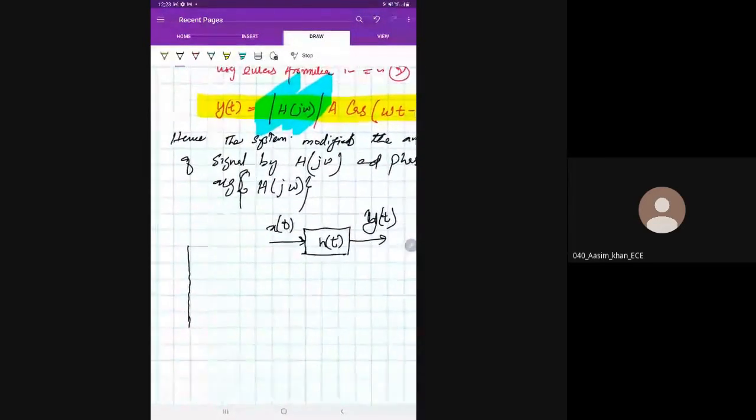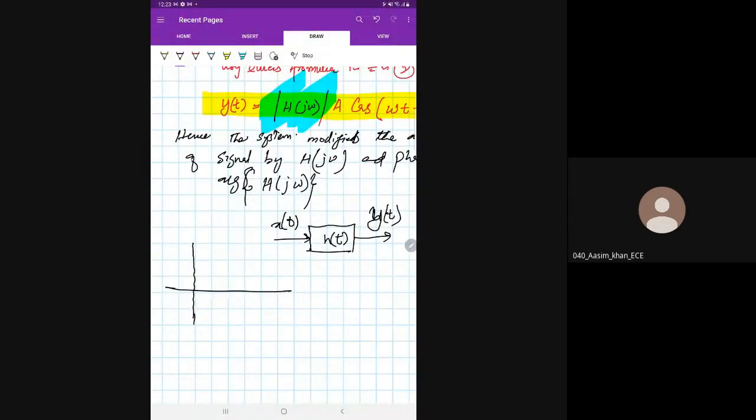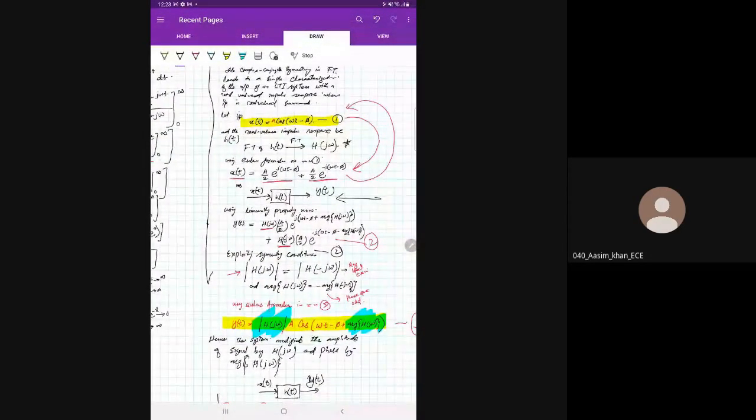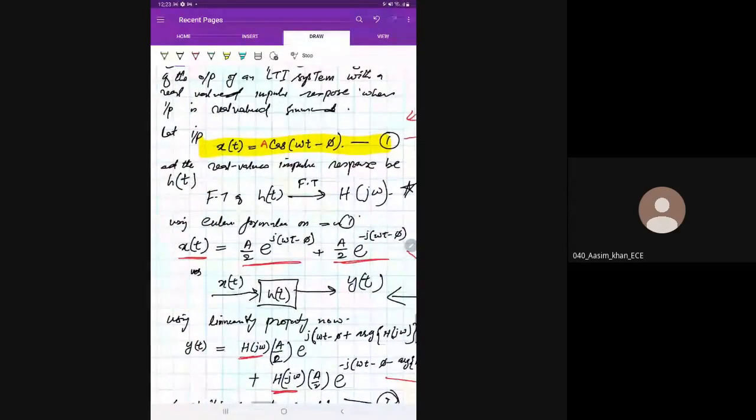This is our x of t. What is the amplitude of input? Maximum amplitude is a. x of t is a cos of omega t minus theta.